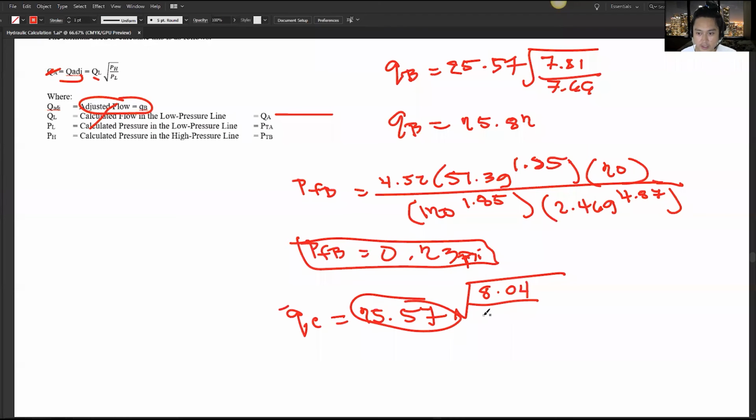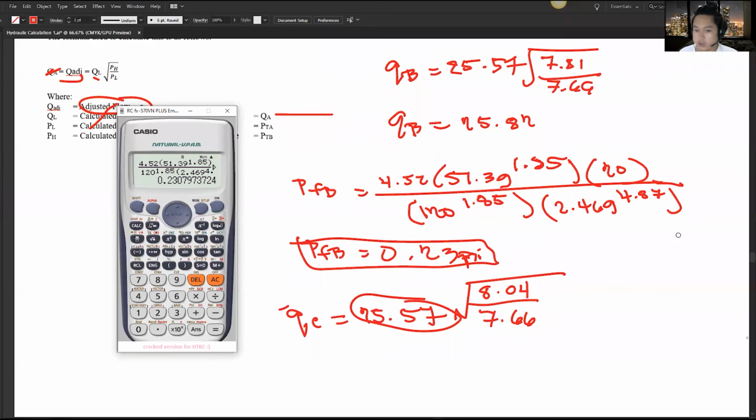Anyway, 7.66 it is. Here's our calculator, and that's 25.57 times the square root of 8.04 divided by 7.66.